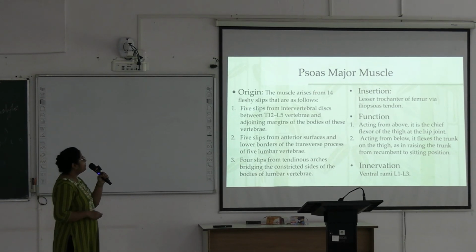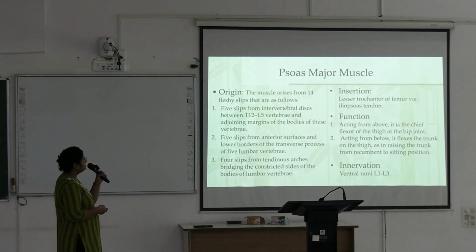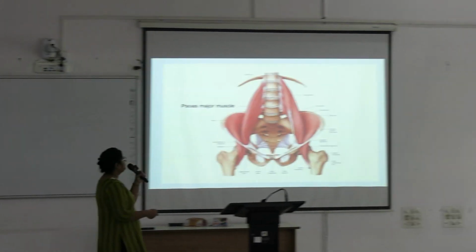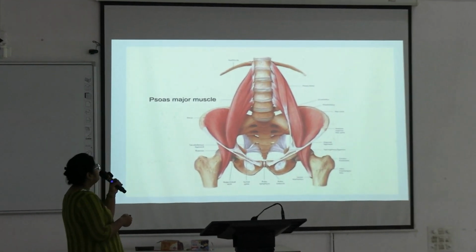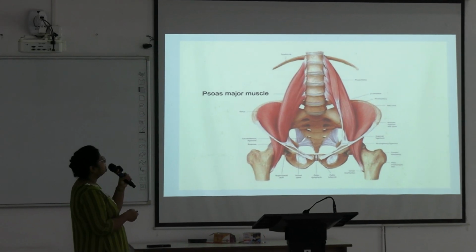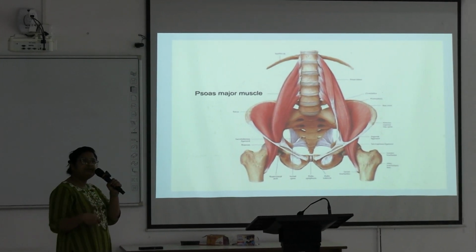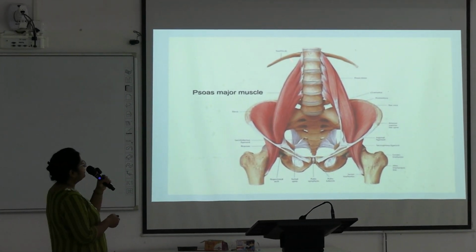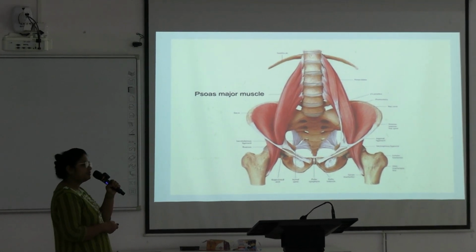So this is the origin of the psoas major muscle. See here, this is the origin from the intervertebral disc, from the tendinous arches connecting the upper and lower margins of the vertebrae, and from the transverse processes also.